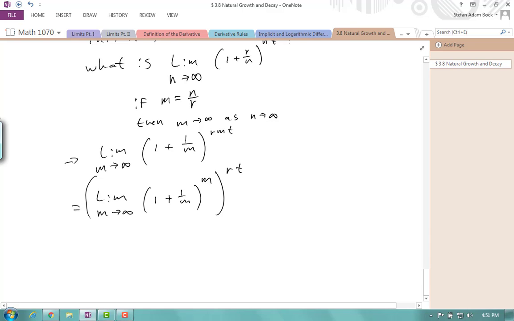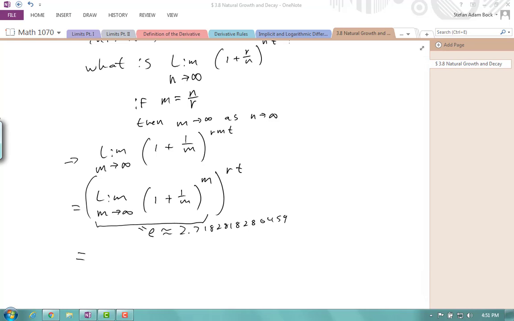This is one of those limit laws that I can apply. Well, as it turns out, this limit right down here is one of the possible definitions for the number e. This guy right here is equal to e, which is about 2.718281828459. So this is equal to e to the rt.